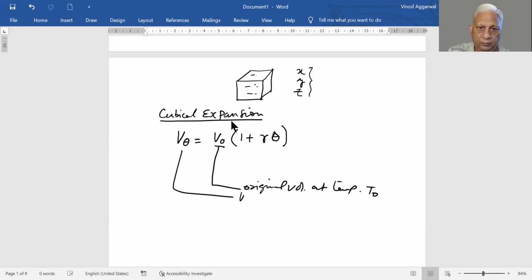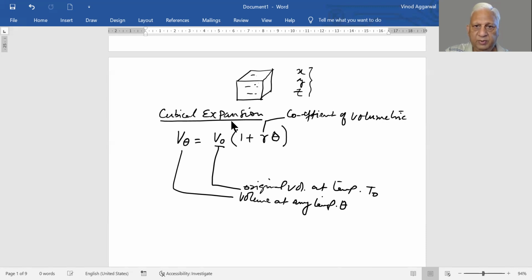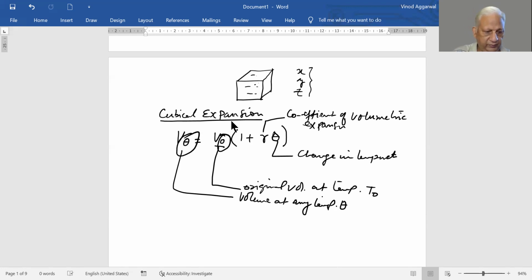V theta is the volume at any temperature theta. Then gamma is the coefficient of volumetric expansion. And theta is the change in temperature between this temperature and this temperature.